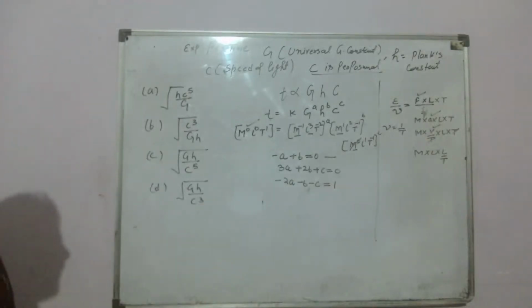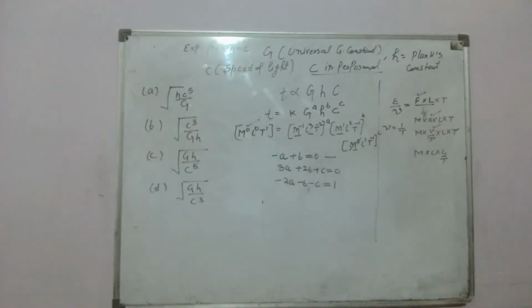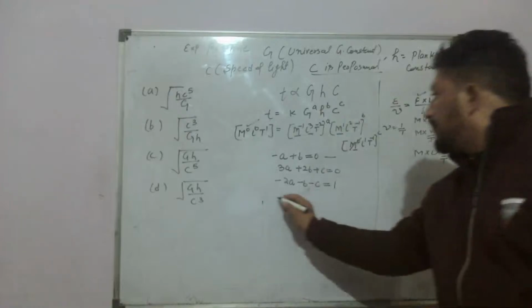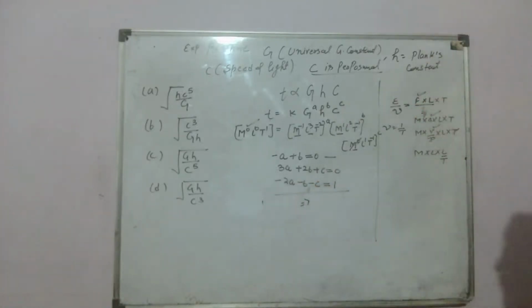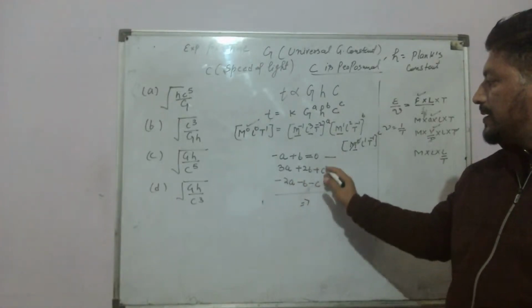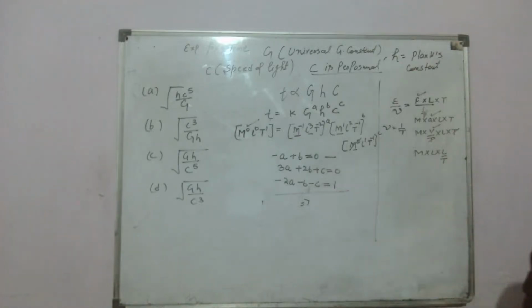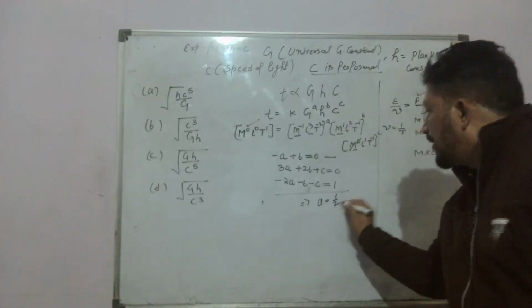Now compare the second and third equations. If you add them, you get a minus b, with c canceling out, equal to 1. It means the value of a is equal to 1 by 2.